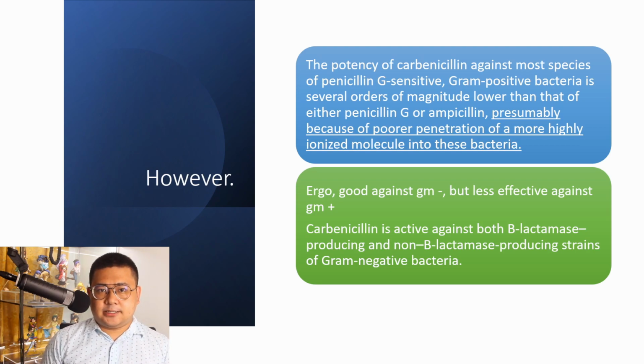So in essence, carbenicillin is good against gram-negative but less effective against gram-positive. And carbenicillin is active against both beta-lactamase producing and non-beta-lactamase producing strains of gram-negative bacteria.